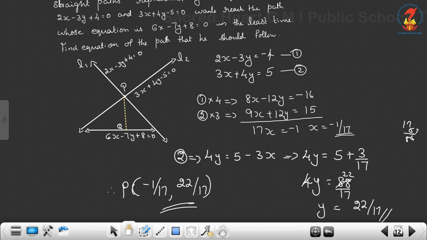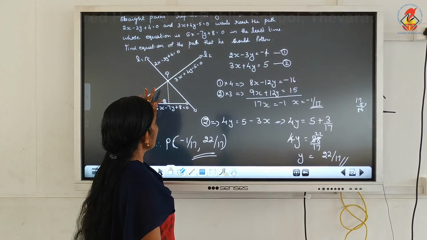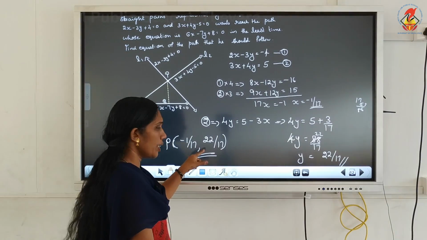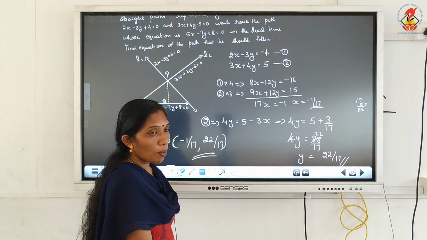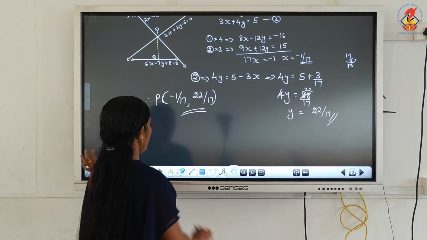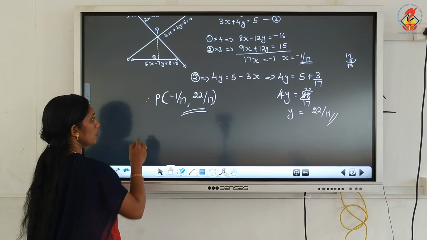Now from P we need the perpendicular path. So the equation of PQ we have to write. For that we get one point, then we need the slope also. For that find the slope of the other line. Which line? 6x minus 7y plus 8 equal to 0.